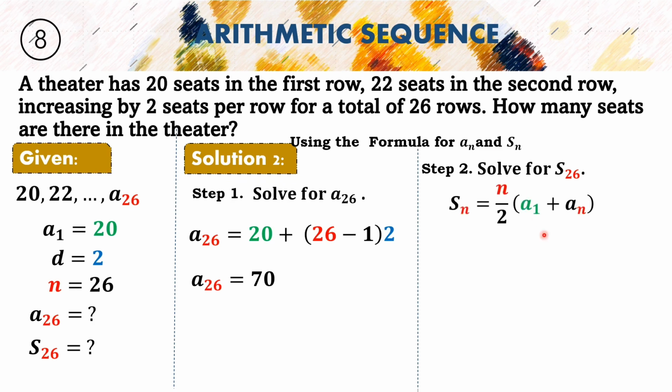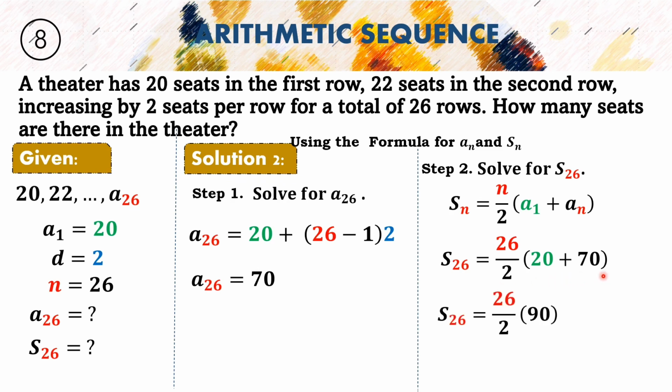S sub 26 equals 26 over 2, quantity, the sum of 20 and 70. We have 26 over 2 times 90, therefore S sub 26 equals 1170. So you've learned another concept related to arithmetic sequence.